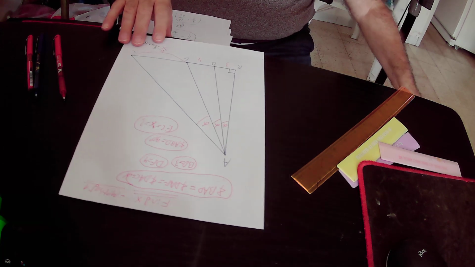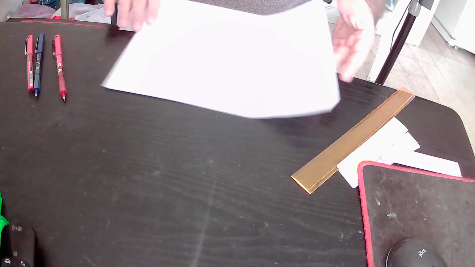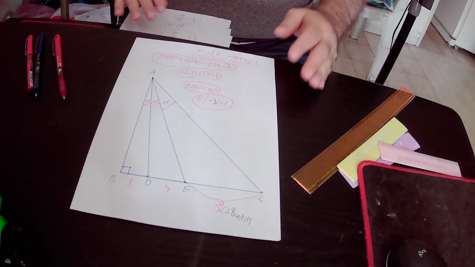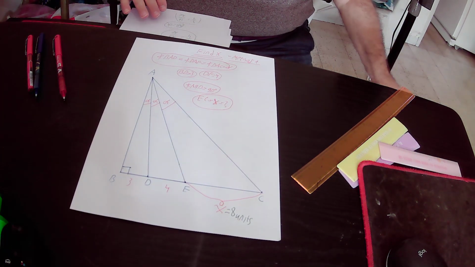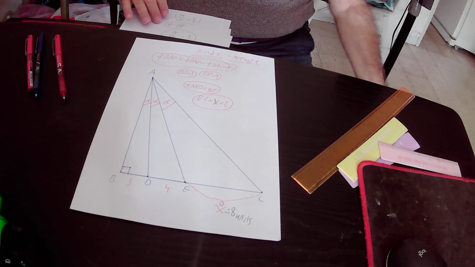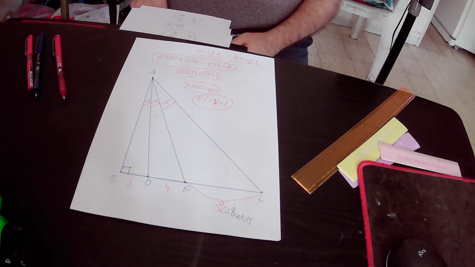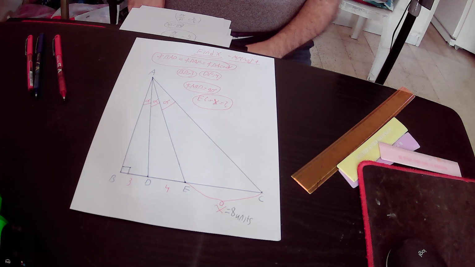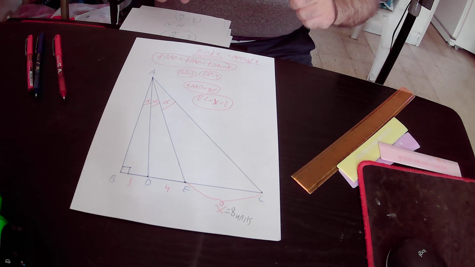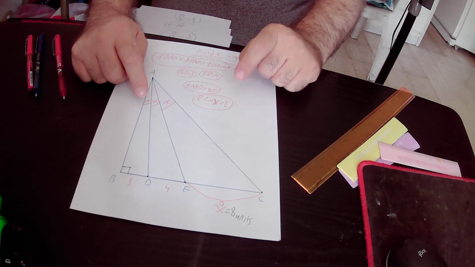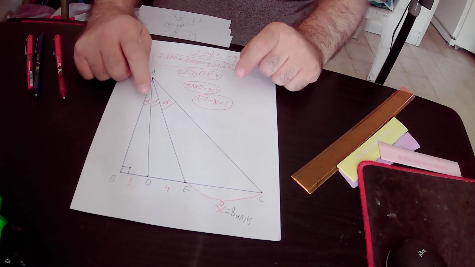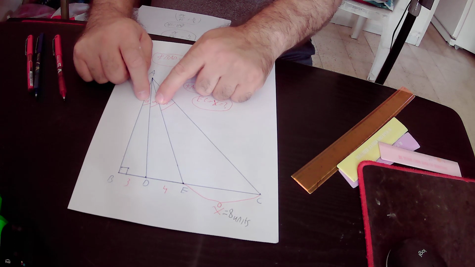On the right triangle ABE, AD is an angle bisector. Why is AD an angle bisector? Because it divides angle BAE into two equal parts, alpha and alpha.